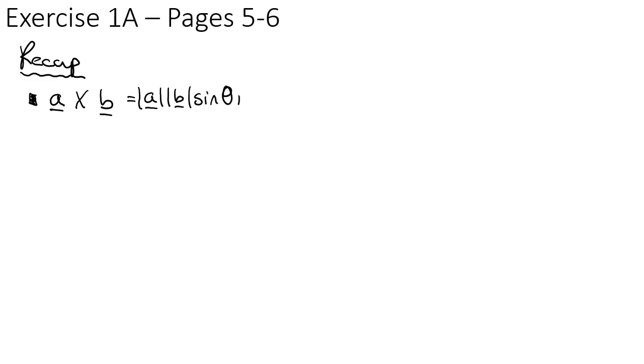Okay, you should now be able to do exercise 1A on pages 5 to 6, and there's a number of things that we need to write down for a recap here, because there's lots of different things that we've done. So we'll start off by writing down that the definition of this cross product is length of A times by length of B times by sine of the angle between them times by this normal vector.